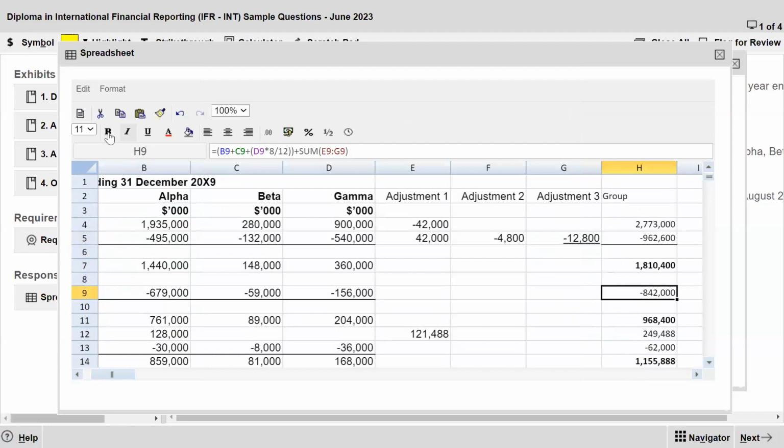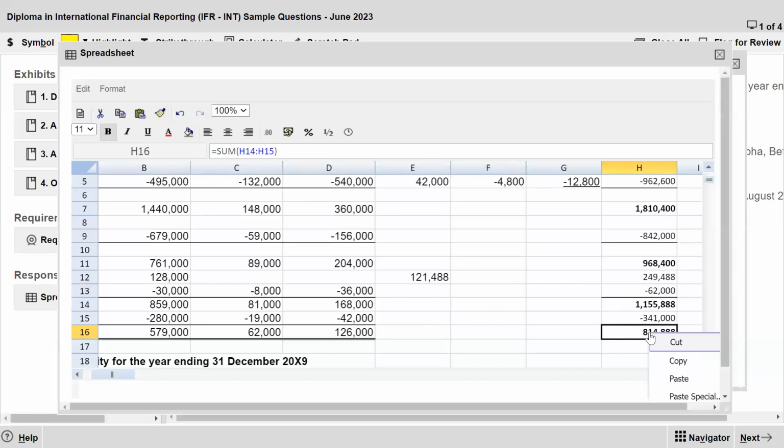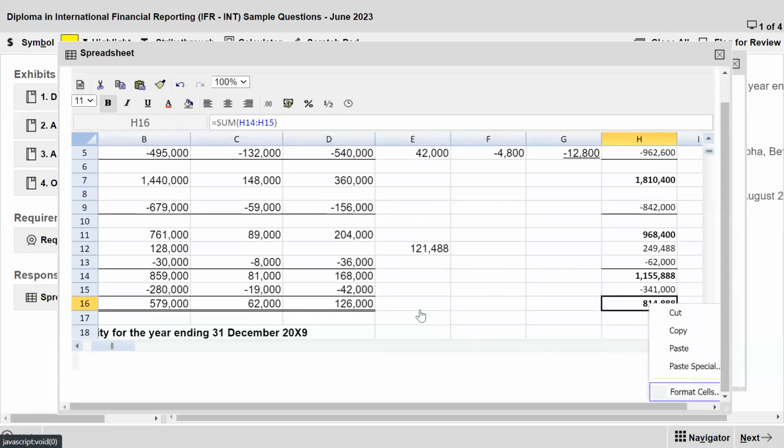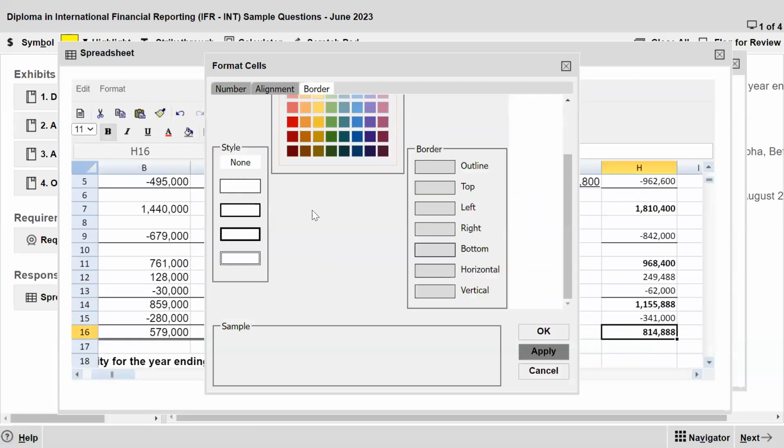Then the border of bottom needs to be put in here also. Then the border of the bottom also needs to be put in here. Then here. And then what happens is that we would have, say, let's say format cells, the border again, and then there's a top border, there's a bottom, double bottom.